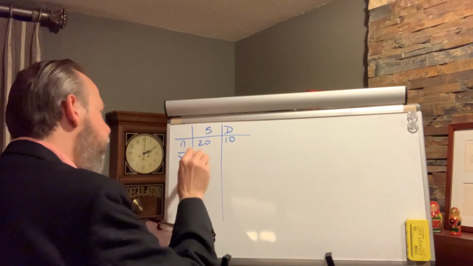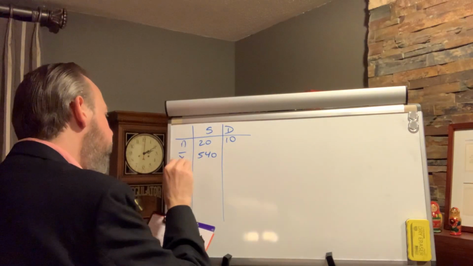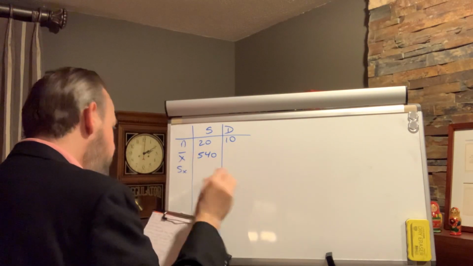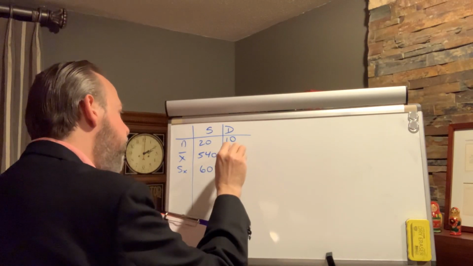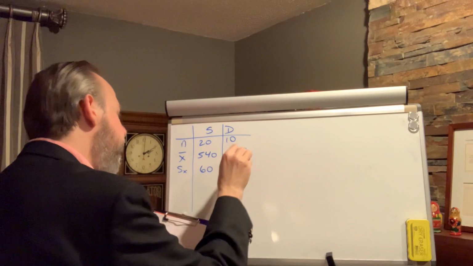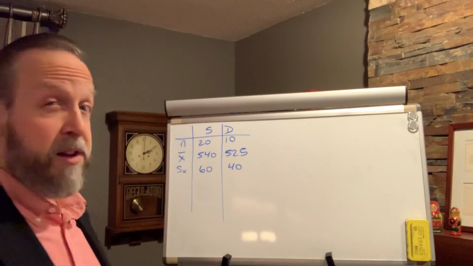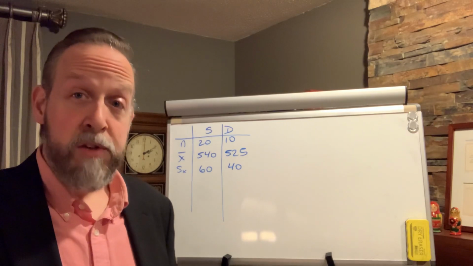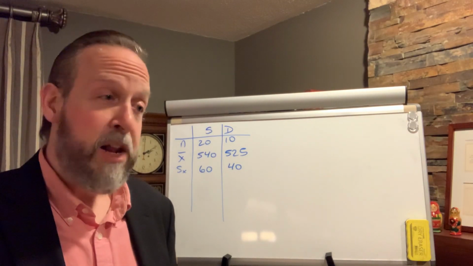So I'm going to put that information right here, 540 with a standard deviation of 60. In Derby, the average SAT score is 525 with a standard deviation of 40. So they did have a lower SAT average in our sample. They also had a slightly smaller standard deviation, so their data was more consistent.